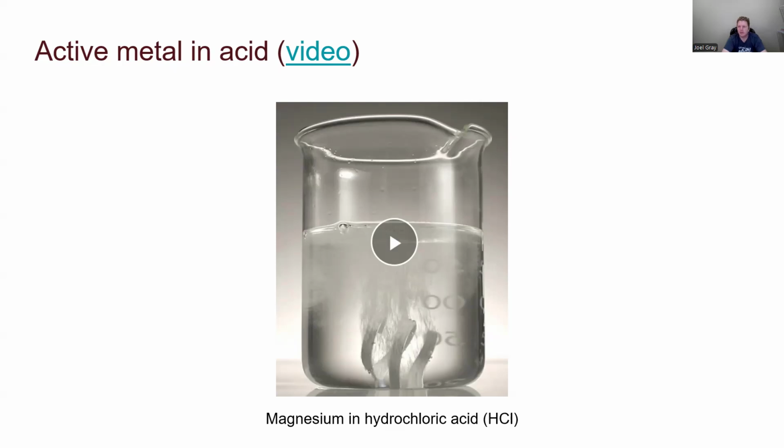But let's say that you had a ring that appeared to be gold. And then you had two rings. One appeared to be gold and one you knew was not gold. If you took those two rings and you dropped them into a solution of water, nothing's going to happen.